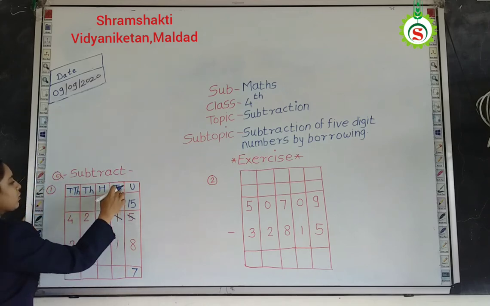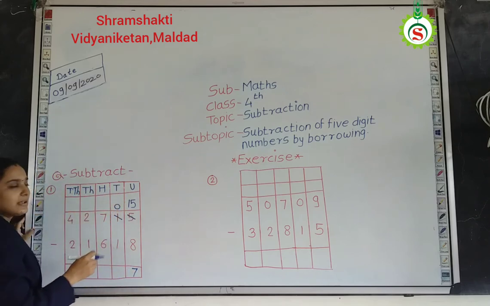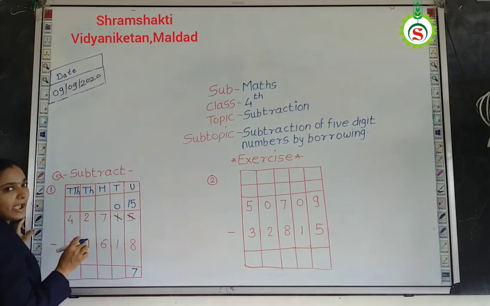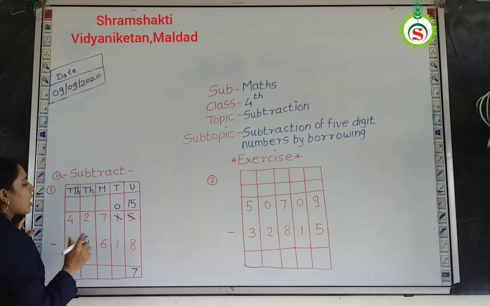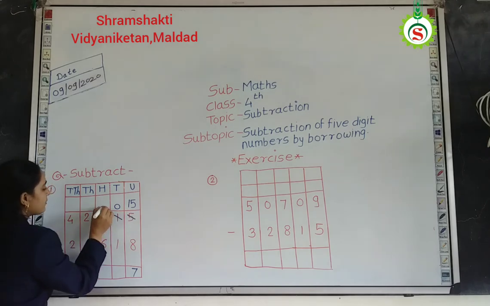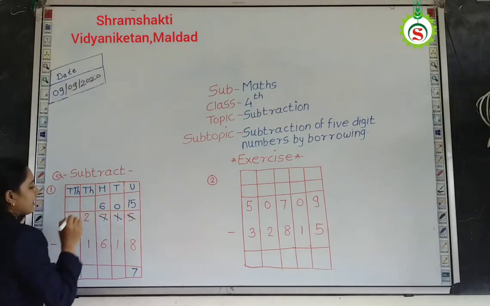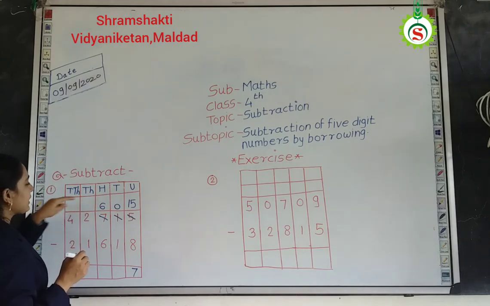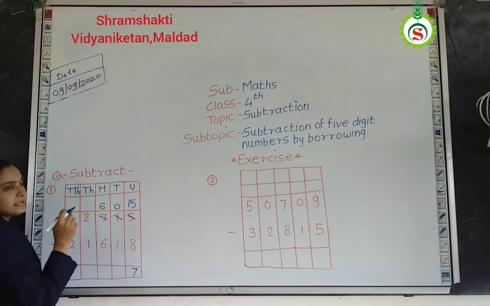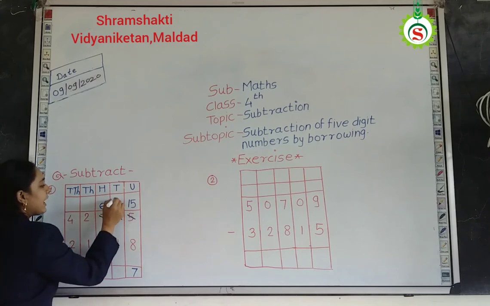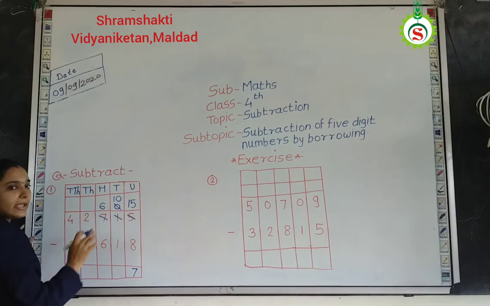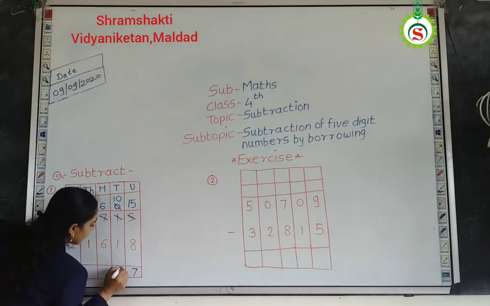Then 0 tens minus 1 ten. Again 0 is smaller than 1. Therefore we need to take a borrow. Untie 100 from this 700 and 600 remain. 100 means 10 tens. Here we get 10 tens. 10 tens minus 1 ten is equal to 9 tens.